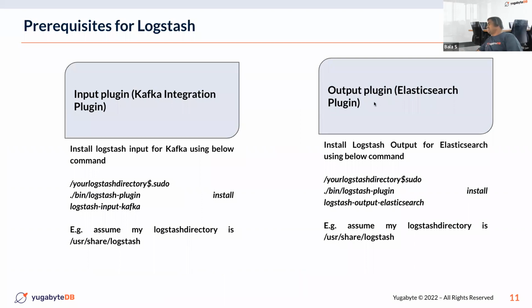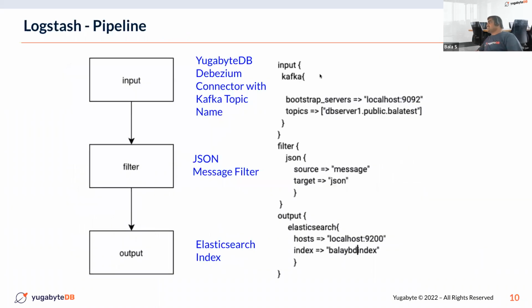You just need to install those plugins, like the command I just gave here, for the input as well as the output. Once it is done, that's all. The next thing is you just need to run this configuration by adding your topics or list of tables that you want to stream from YugabyteDB back to Elasticsearch. That will start flowing seamlessly.